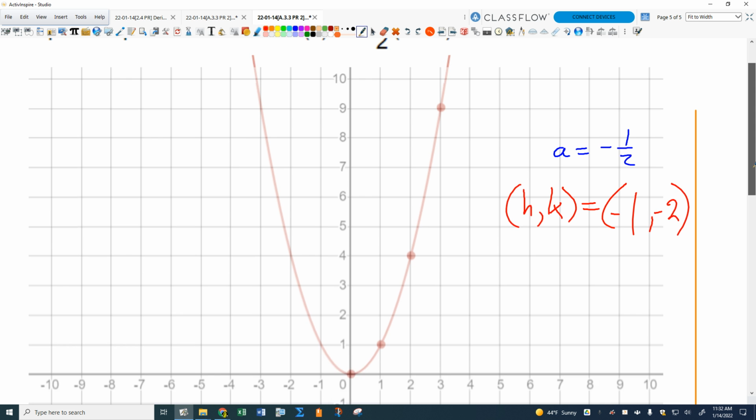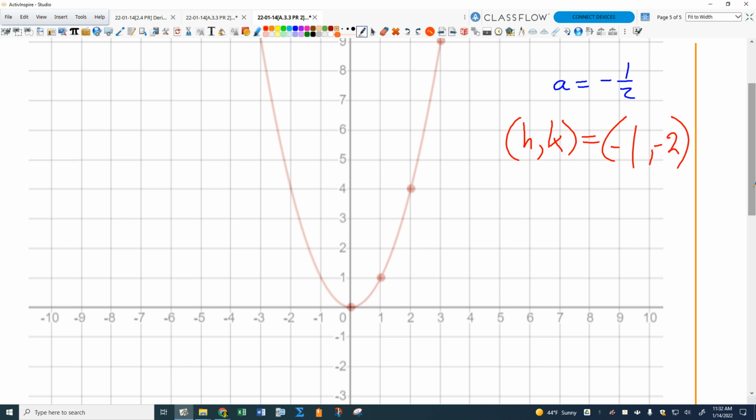Okay, so then that means, I'm going to scoot this stuff down a little bit. First thing we're going to do is locate the vertex.